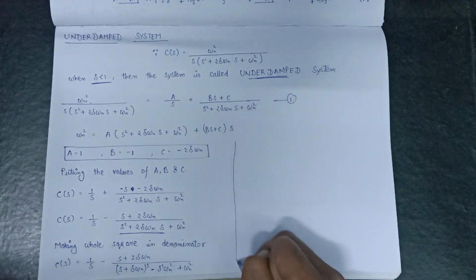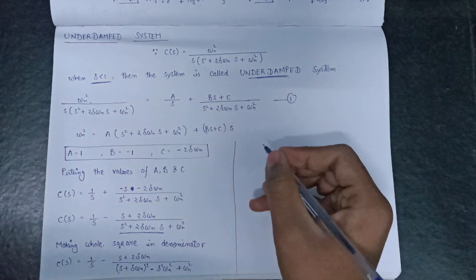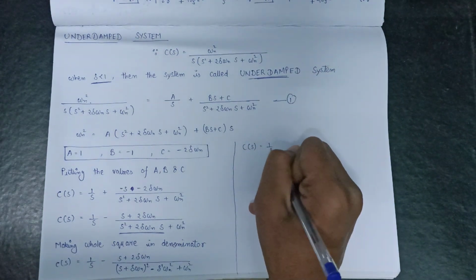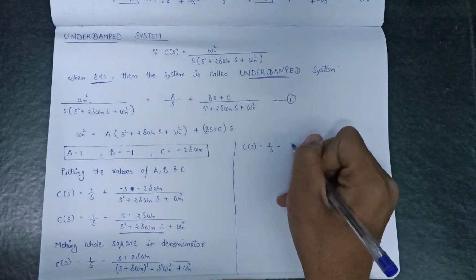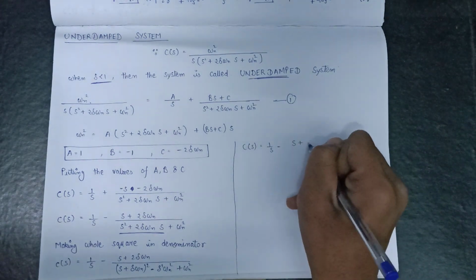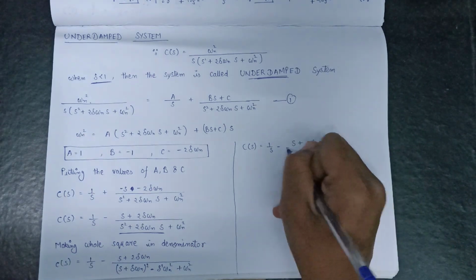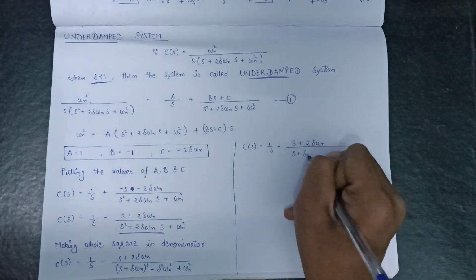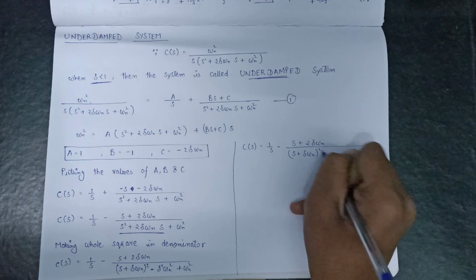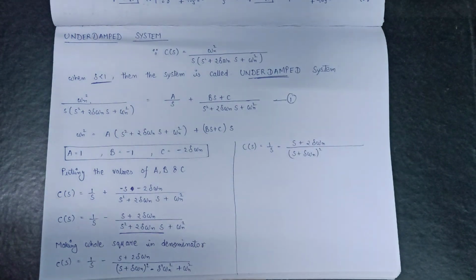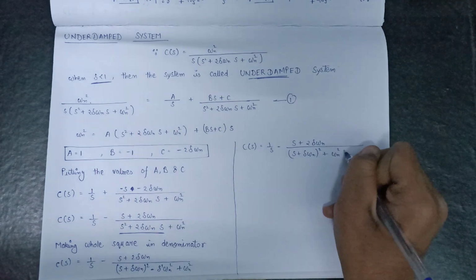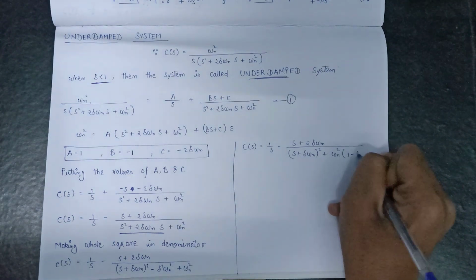After this, moving to the next step, that is C of S equals 1 over S minus S plus 2 del omega n over S plus del omega n whole square, and we take omega n square as a common term, so plus omega n square into 1 minus del square.